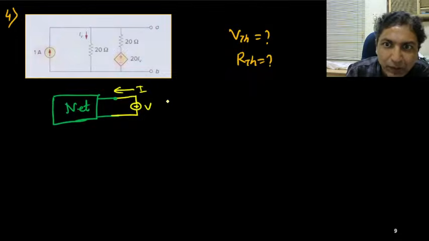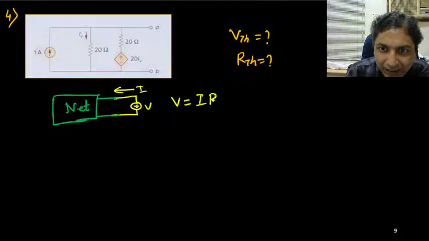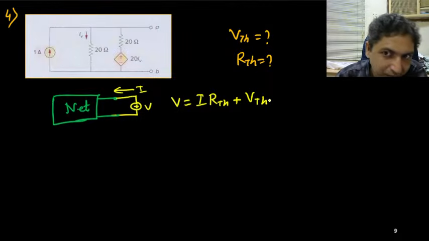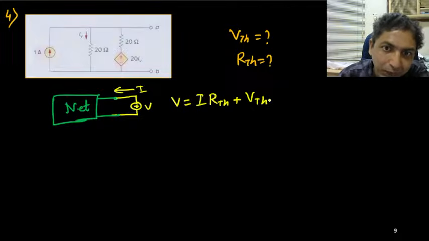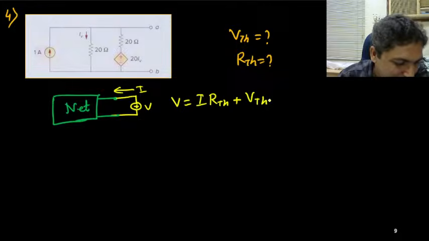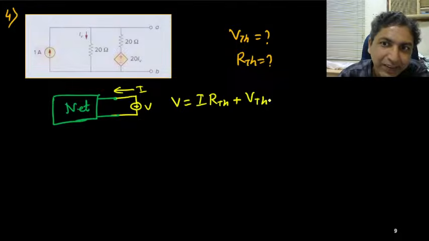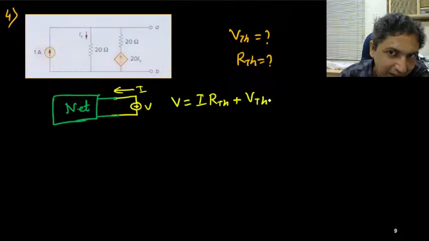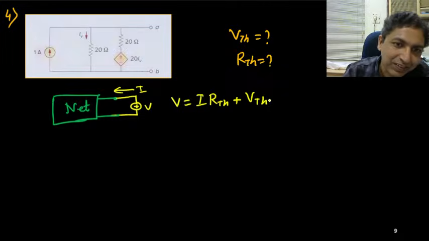So this relation will be obviously V equals I times RTH, and the independent term will be your VTH. So we will be getting both the parameters RTH and VTH simultaneously if we solve this network with this voltage source capital V. Okay, that I will try to do, and we will find both the parameters simultaneously, not one by one. Okay, let us see these things.